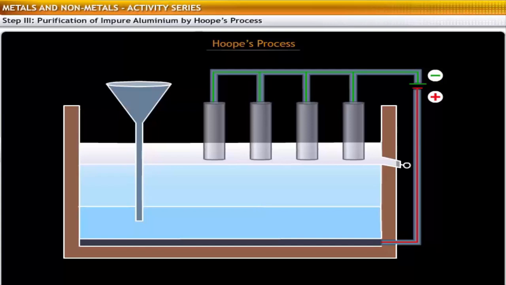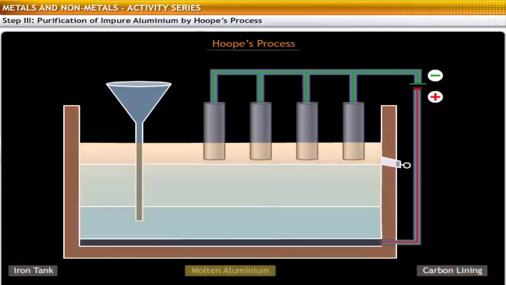Hope's cell consists of an iron tank lined at the base with carbon, and 3 layers of molten aluminium with different densities to prevent their mixing. The upper layer of the electrolyte cell consists of pure molten aluminium with a series of carbon rods that serve as the cathode.